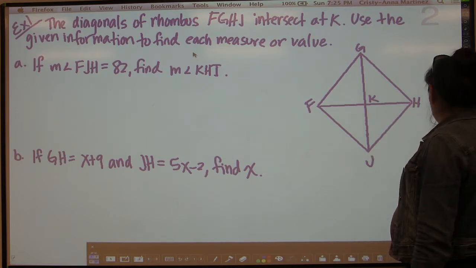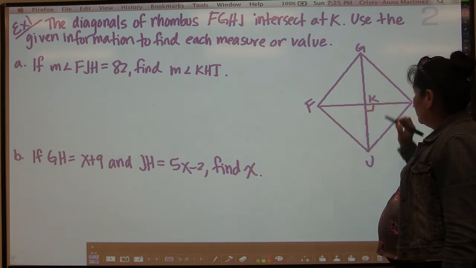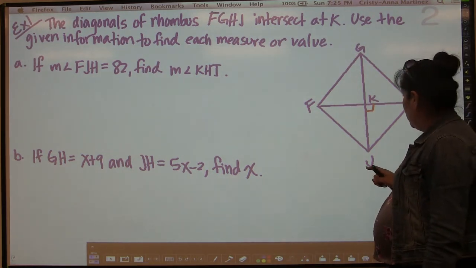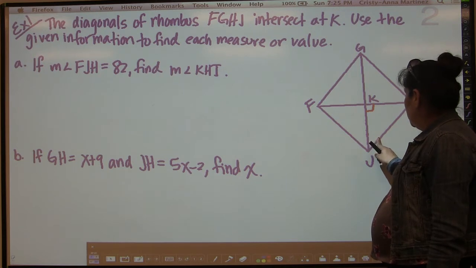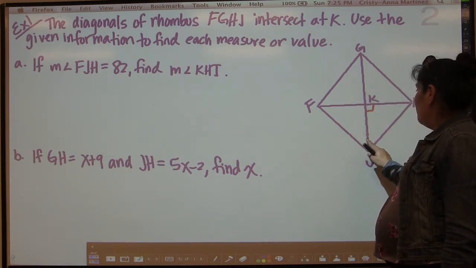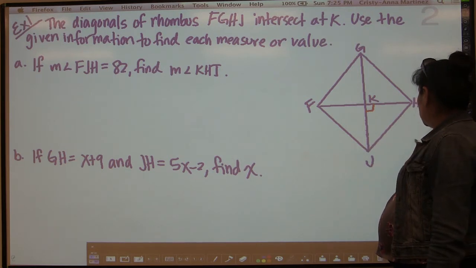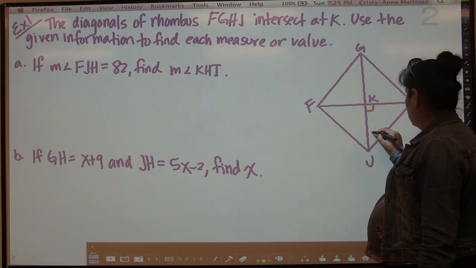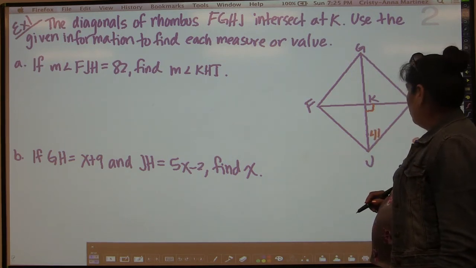Okay, so here's what we know. We know that this is 90 because they're perpendicular. We know that the measurement of angle FJH combined is 82. But because this diagonal bisects the angle, if this entire angle is 82, then we can divide that by 2 and get 41. So that little angle right there is 41.